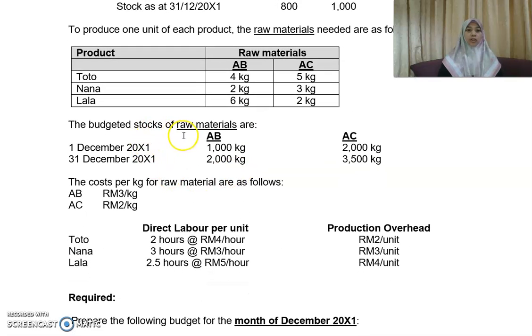The budgeted stock of raw materials is as follows: the opening stock and the 31st December closing stock for AB and AC respectively. And you are also being given the cost per kg for your raw materials, AB and AC.